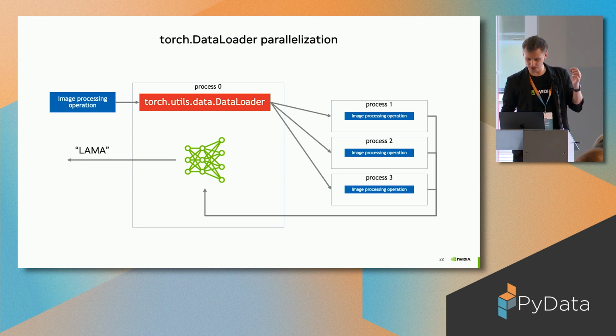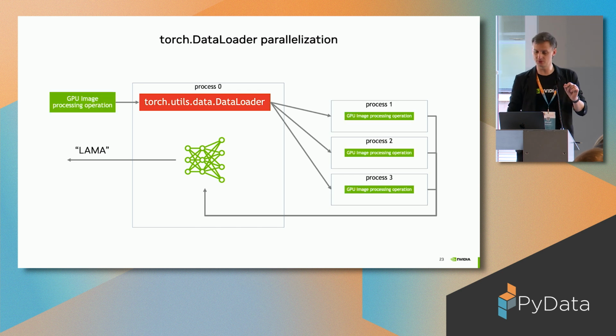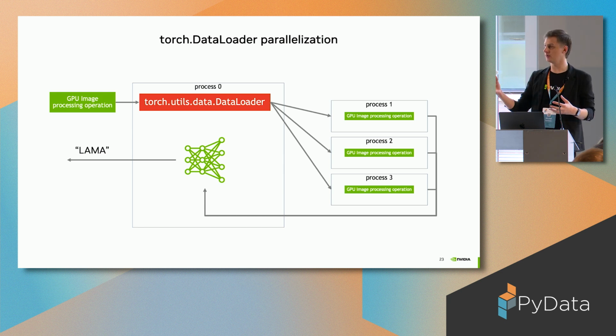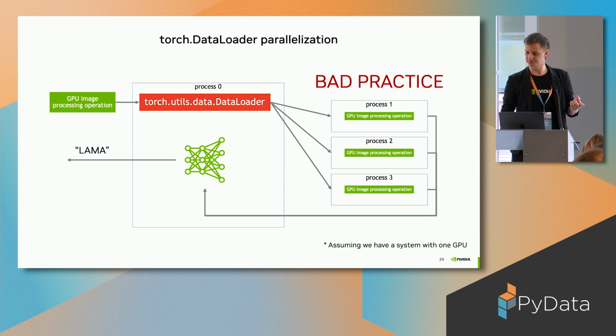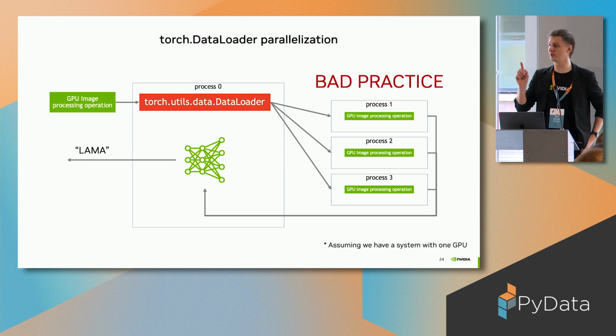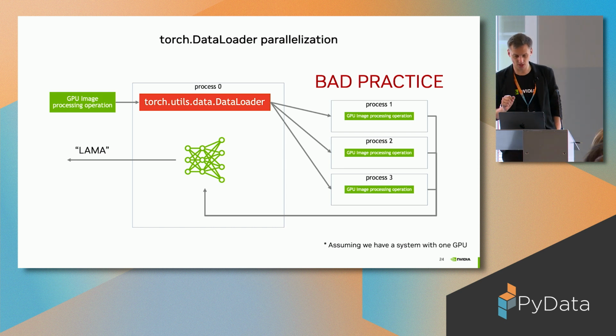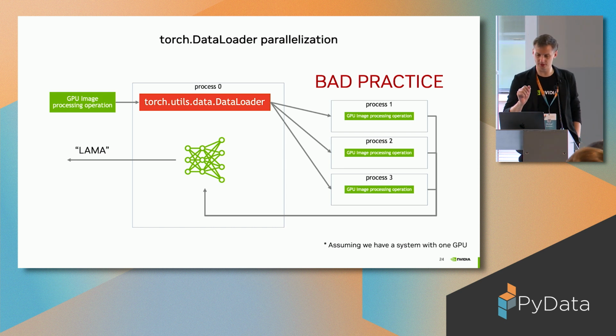So let's say we do have this processing on a GPU, and we do it something like this: we run one process per operation on the GPU. Well, this actually is a bad practice, assuming you have one GPU. I would like to emphasize that if we have one GPU, we don't parallelize, we don't run GPU operations within processes.